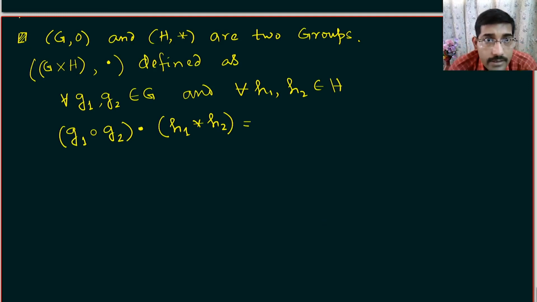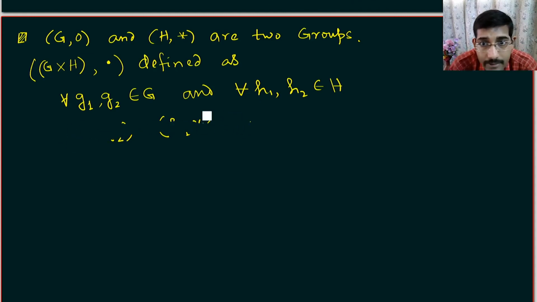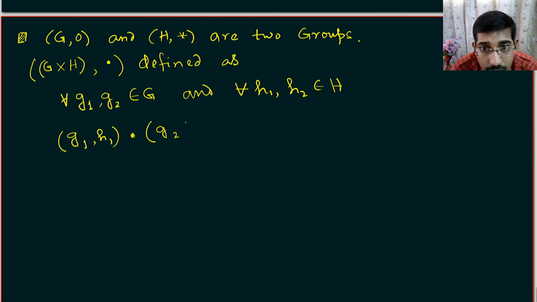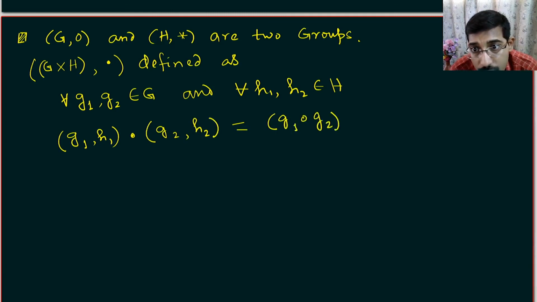Rather, let me go back a little and redefine this. What we want to do is define this for G1, H1 belonging to G cross H, with the operation we are doing with G2, H2. So we define this operation as G1 O G2, comma, H1 star H2.